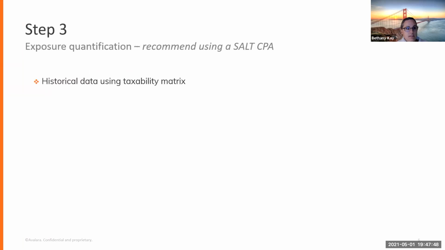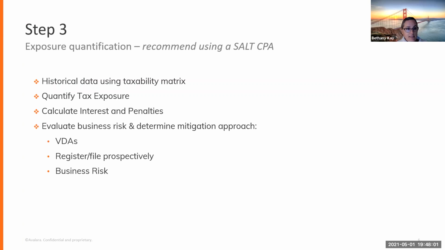All right, so let's move on to step 3, quantifying that exposure. Again, I recommend using a CPA for this. They're going to take that historical data using a taxability matrix. They're going to quantify that tax liability and calculate interest and penalties.